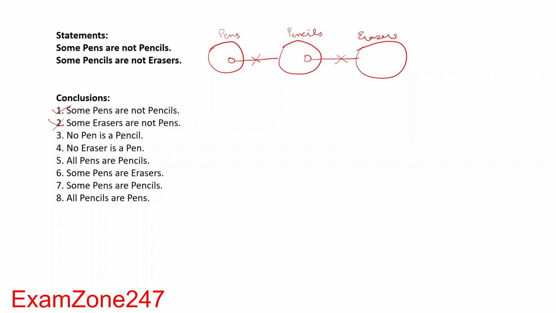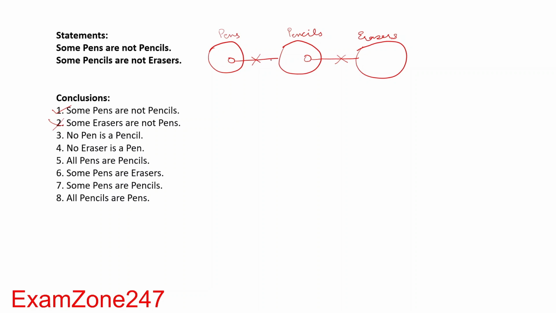No pen is a pencil. Now this is a little bit important. See, what they have given is some pens are not pencils. That means there is definitely at least one pen which is not a pencil. Here they are telling no pen is a pencil. That means they have covered the whole of the pens, and there is no relation whatsoever.